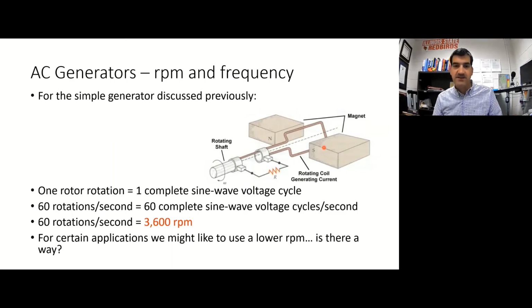You can spin your generator at 3,600 RPM. But that's really fast. That's a really fast speed for something to be spinning around. And so there are applications, probably two of the most common would be a wind turbine or a hydroelectric turbine, where the wind's just not spinning, the wind is not blowing that fast.